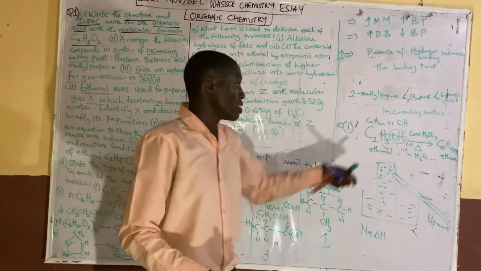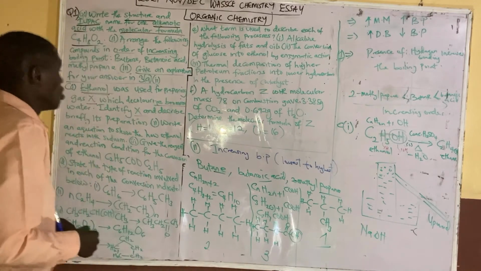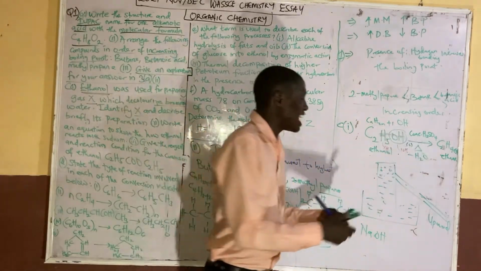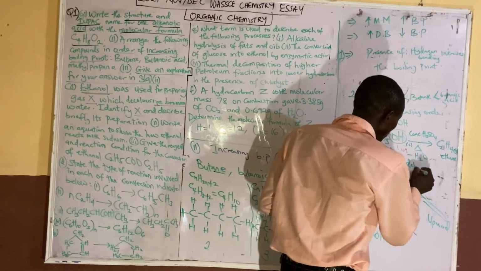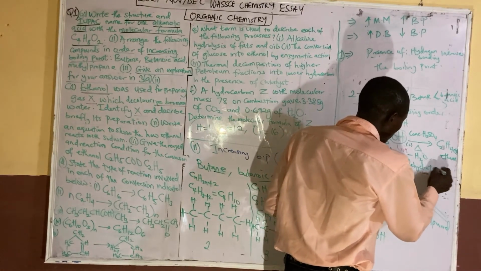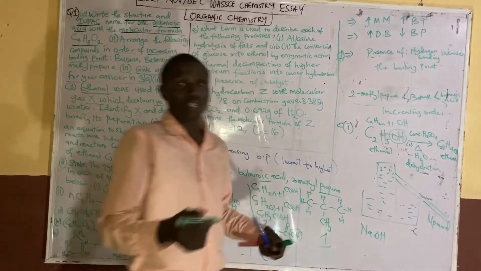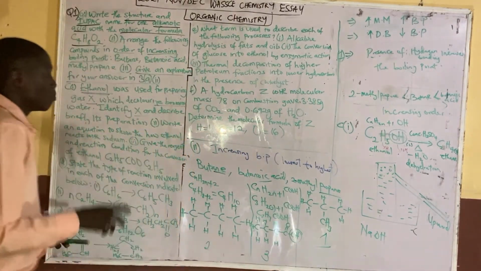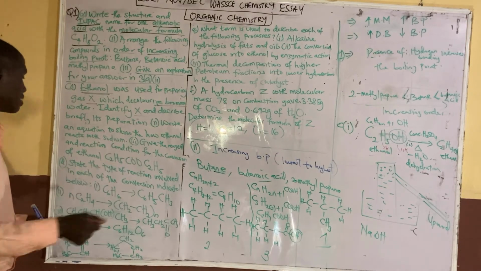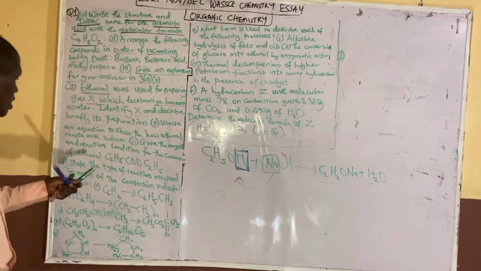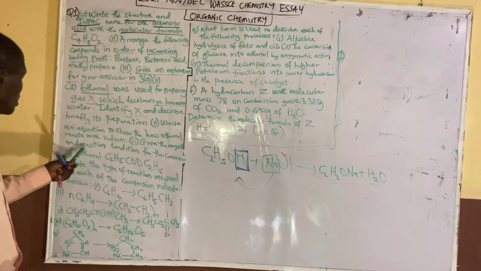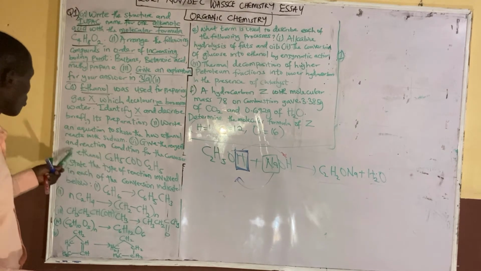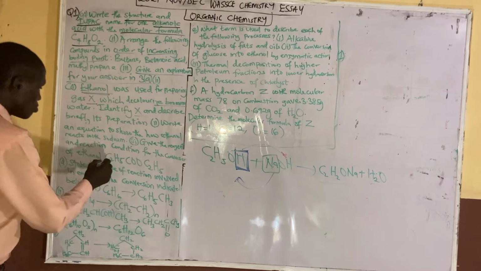So this is the laboratory preparation of it. We call it the dehydration reaction of ethanol to give us ethene. So that's one of the ways of preparing ethene. So give the reagent and the reaction condition for conversion of ethanol to this.